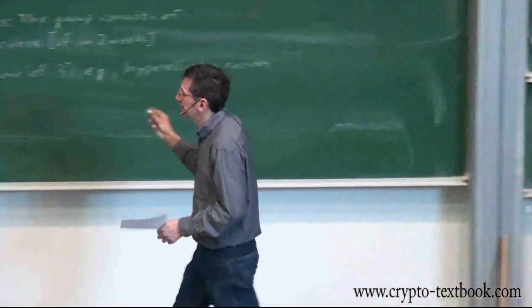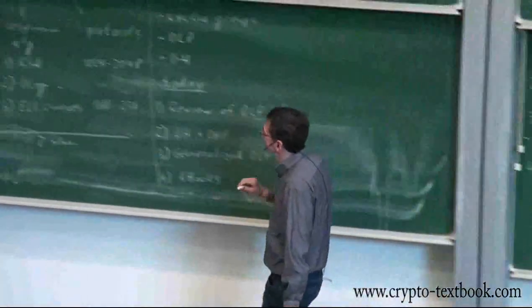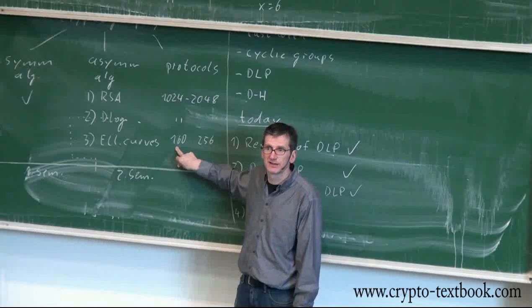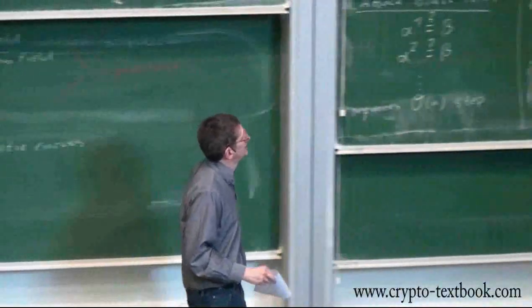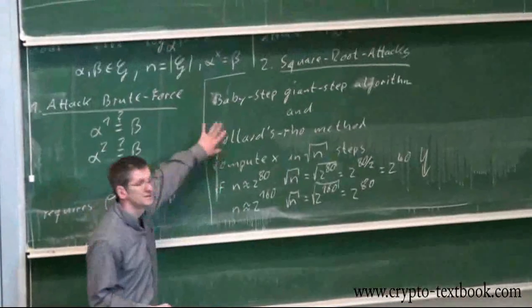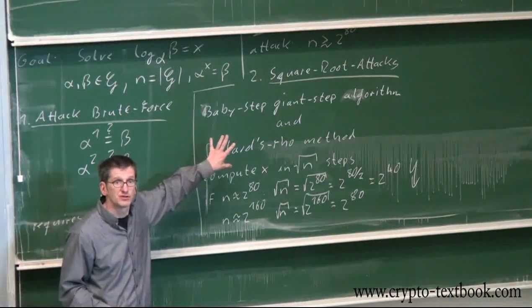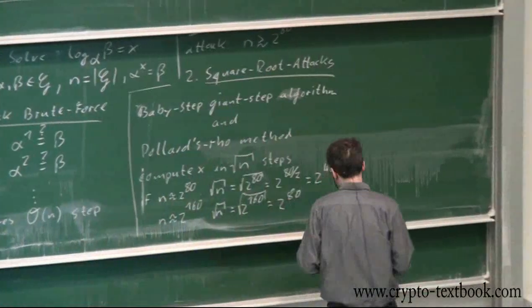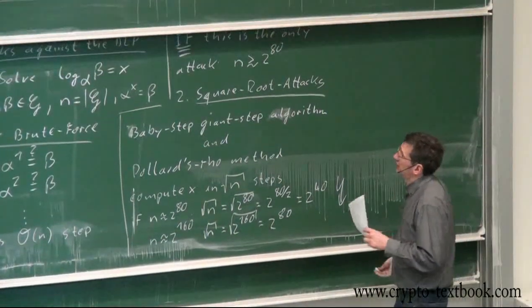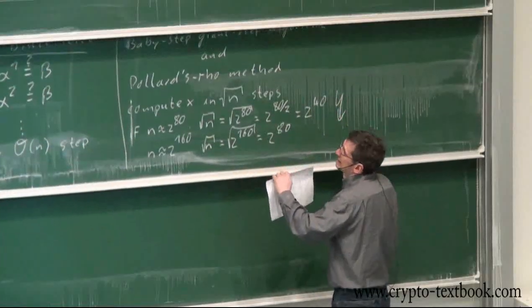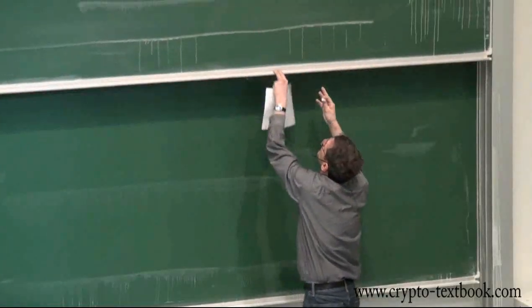This is exactly the reason why elliptic curves have at least 160 bits. Because for elliptic curves, these are the best possible attacks. Now comes a very important statement about these attacks.